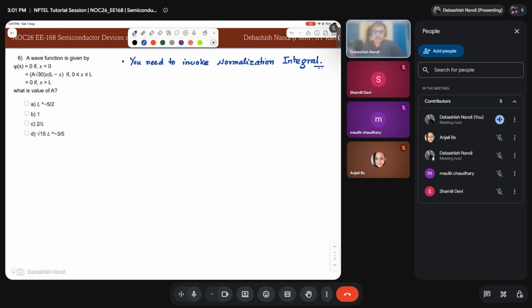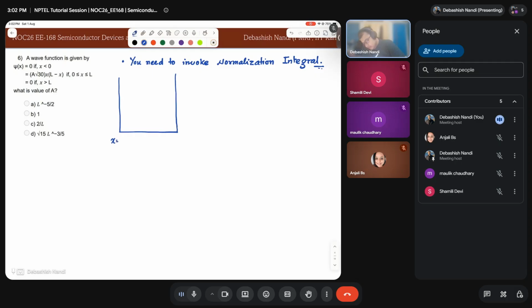Whenever there is a question regarding finding the amplitude of the wave function, given that proper boundary conditions are known to you, you can draw the potential profile and then just do the integration. That is what we are going to do here. The well is like this.